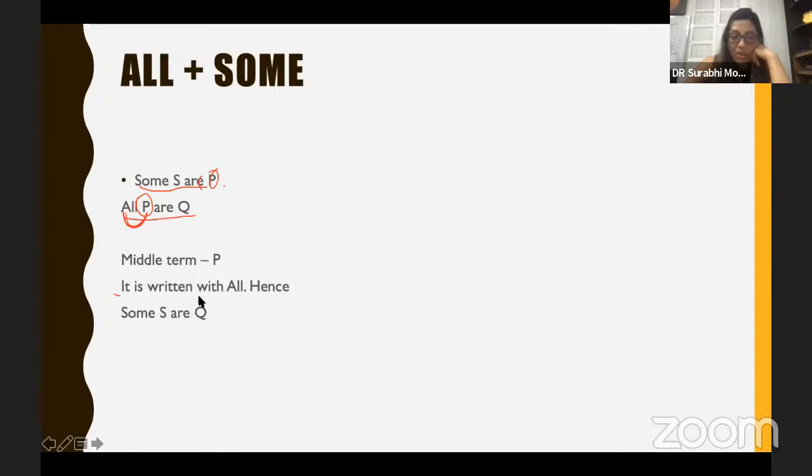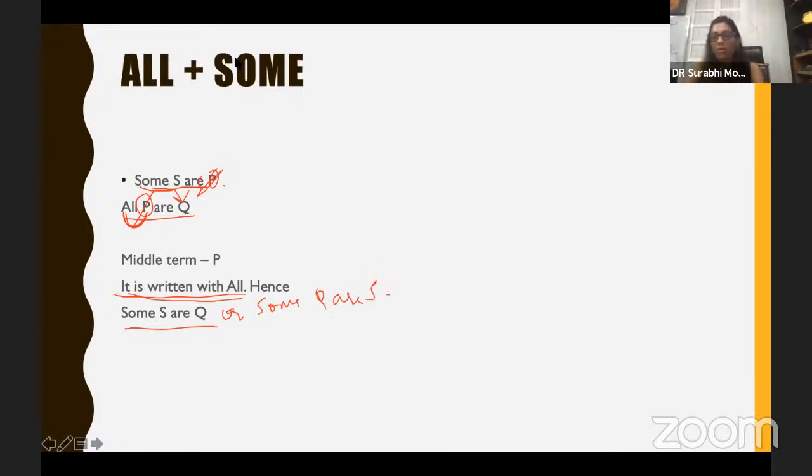It has to be written with all. If it is written with all, you will get a some answer. So you eliminate P, your answer will be some SRQ or some QRS. You can write it both ways.